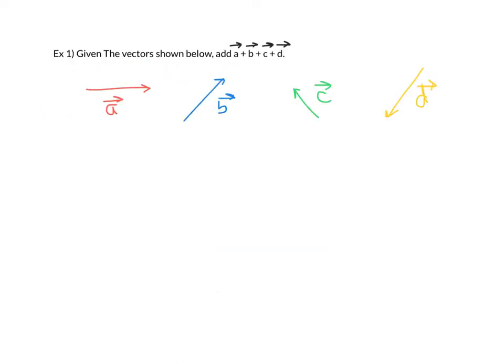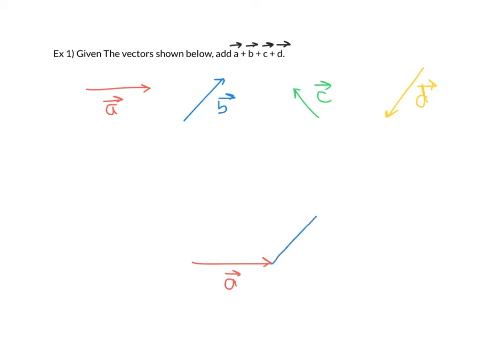Alright, so in this next example, it says, given the vectors shown below, add vector A plus vector B plus vector C plus vector D. I'm going to try my best to keep the same colors here, to make it a little bit easier for you. So first thing, I'm going to redraw vector A. Next, remember I must go tip to tail.